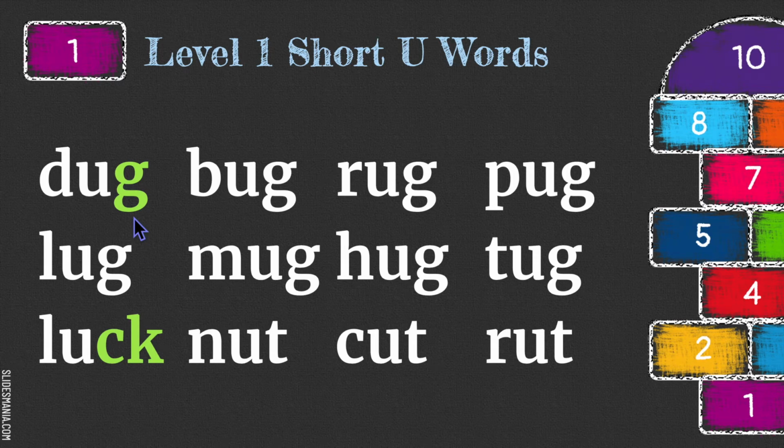Again, we will use the hard G sound of G in these words, and C and K together have one sound of K. Dug, bug, rug, pug, lug, mug, hug, tug.